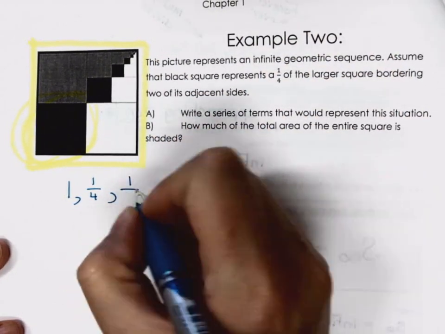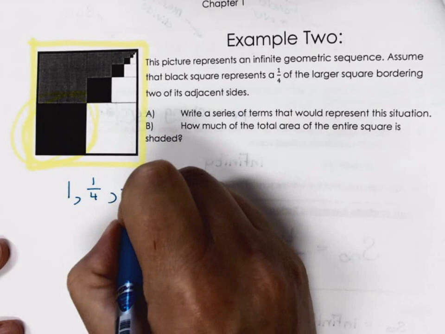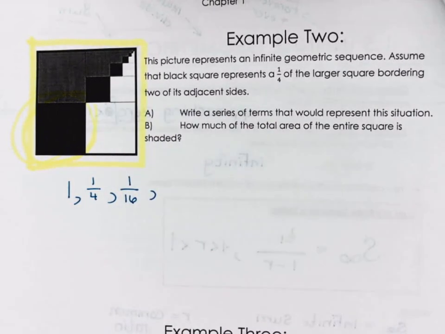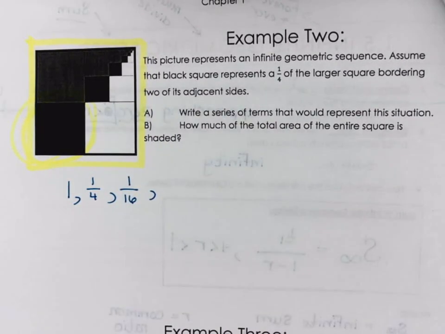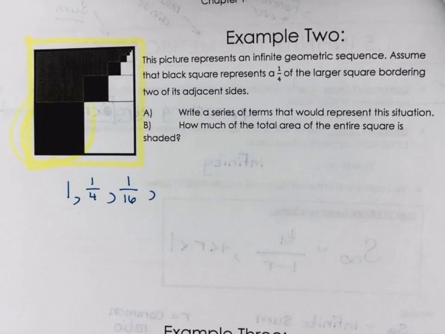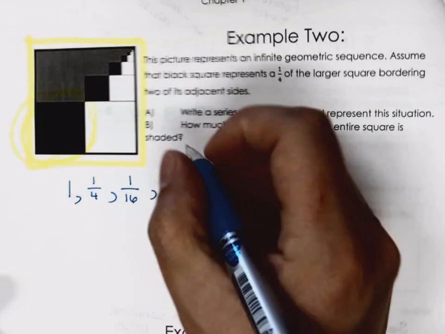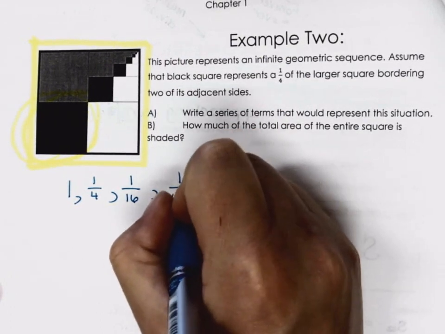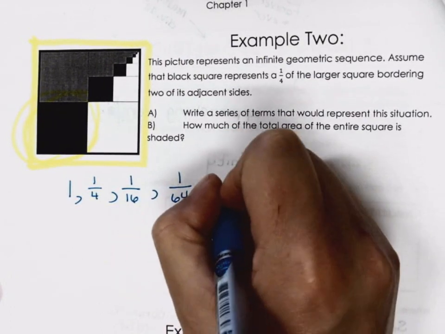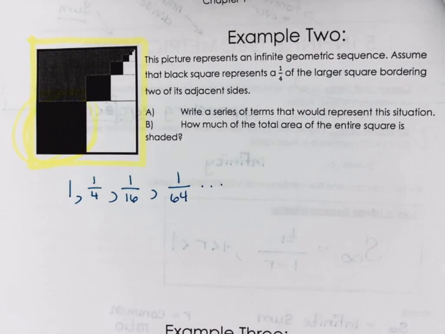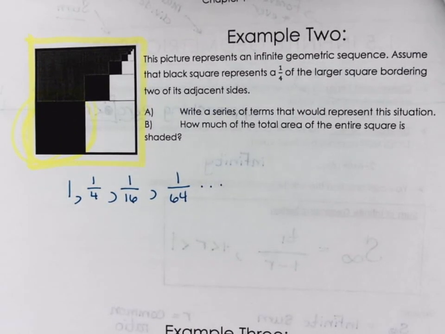A quarter of a quarter. And then I got a quarter of a 16th. 1/64th, right? Okay. So, what's my common ratio? 1/4.